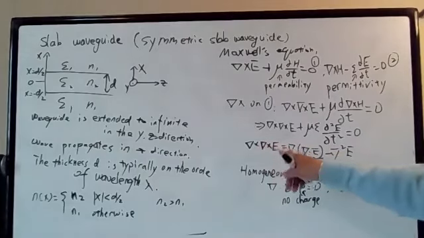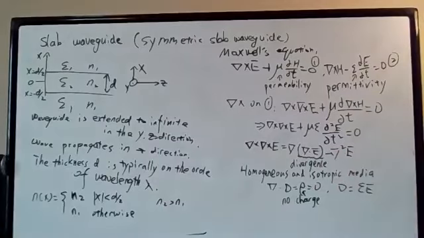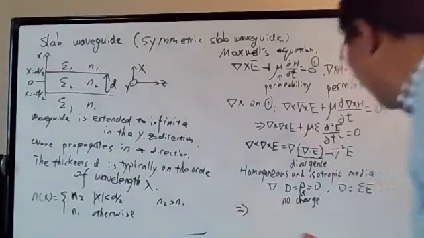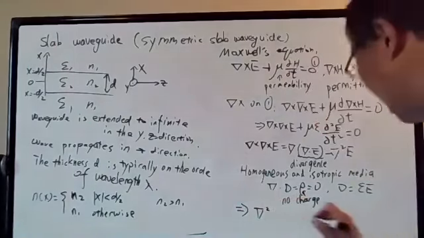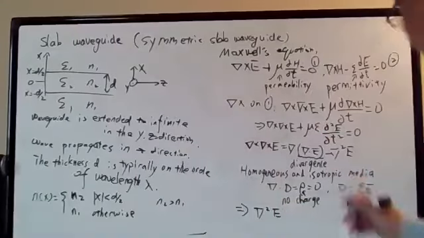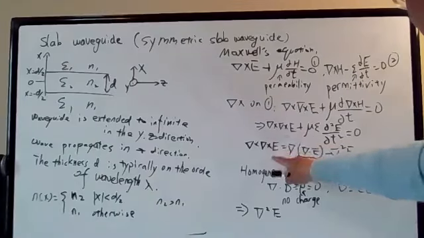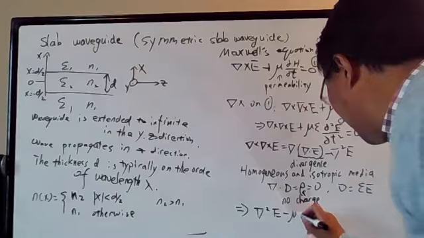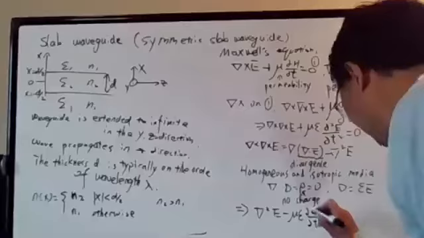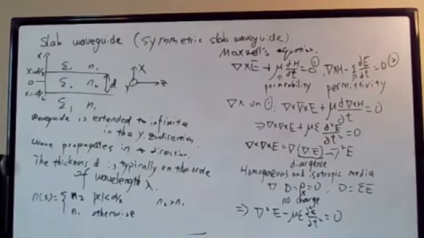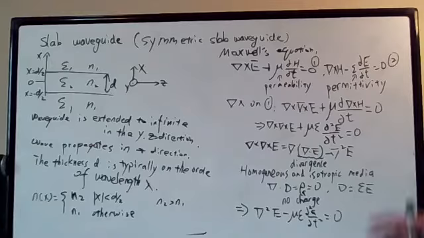Now this curl of curl of E becomes this Laplacian operator, the Laplacian of E. Then we substitute there, and this becomes negative, so minus mu epsilon second derivative of E with respect to t. So quite some derivation.